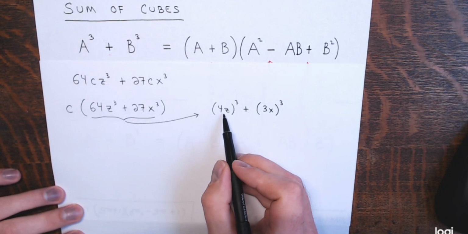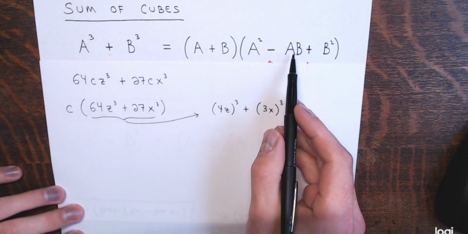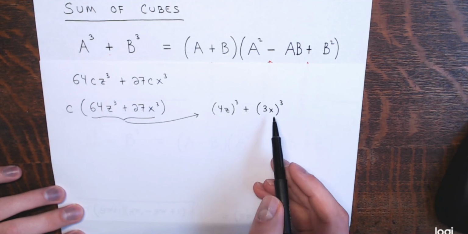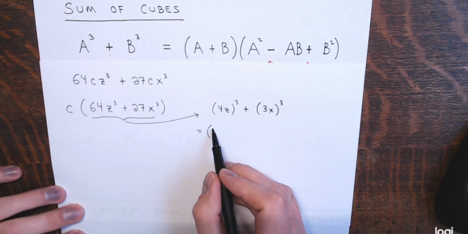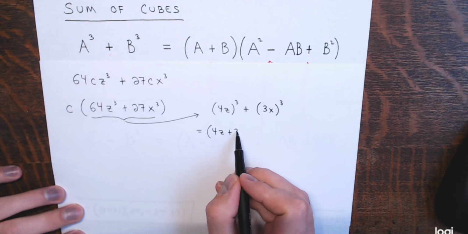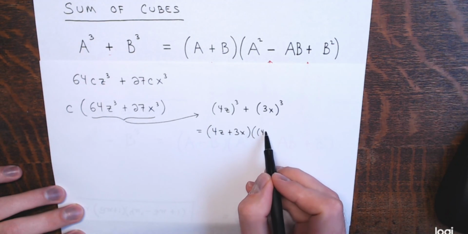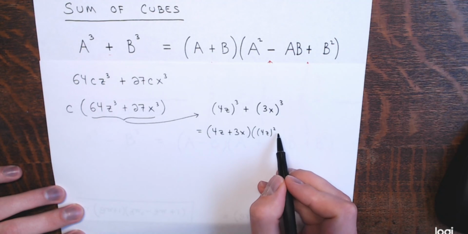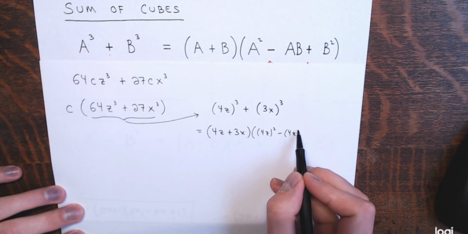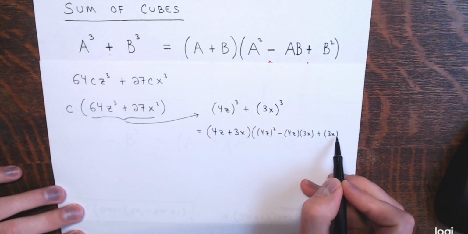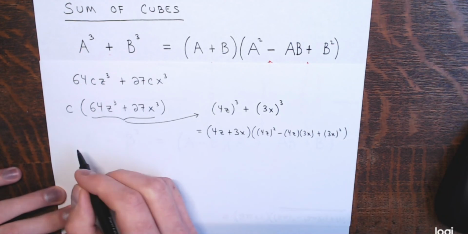I'm going to replace all the a's with 4z and all the b's with 3x. So this will factor to 4z plus 3x times 4z to the second minus 4z times 3x, plus 3x to the second. We'll simplify that when I write it again over here.